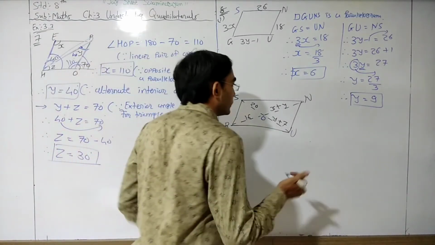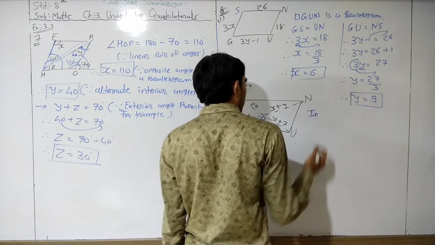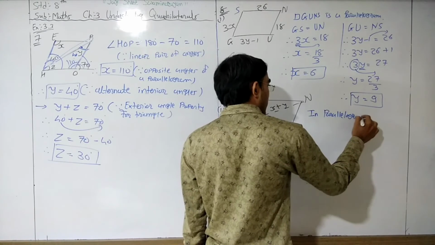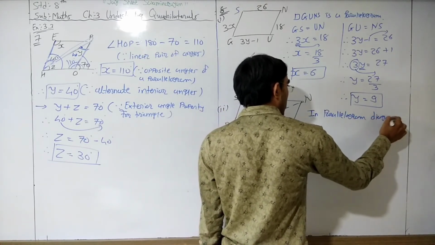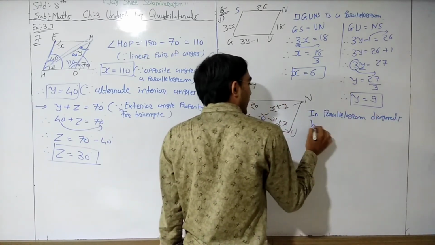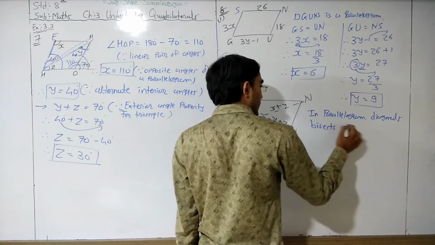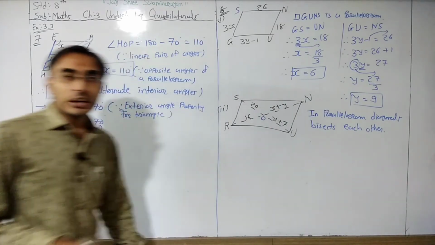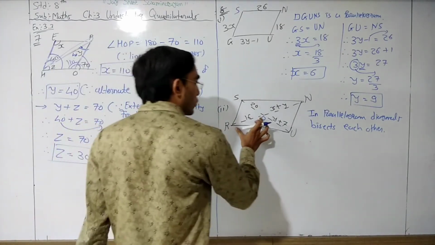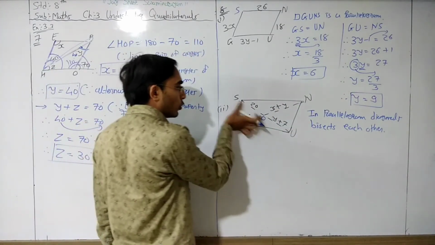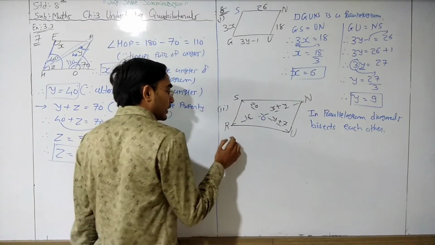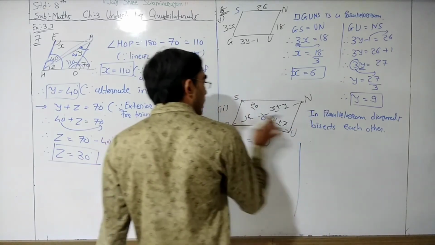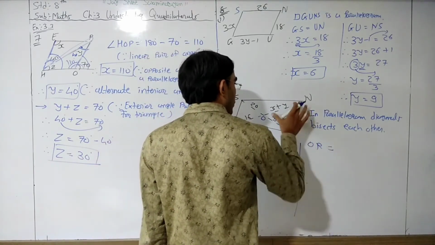Okay, so write down: in a parallelogram, diagonals bisect each other, that means two equal parts. So OS is equal to OU and OR is equal to ON.